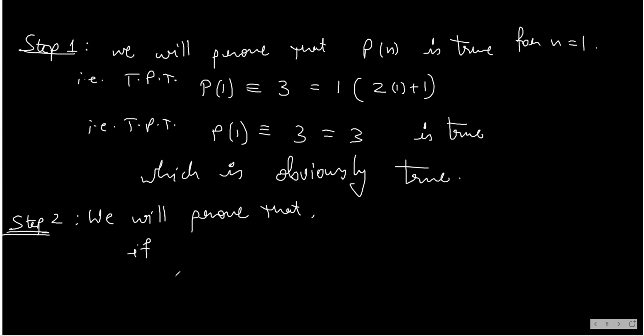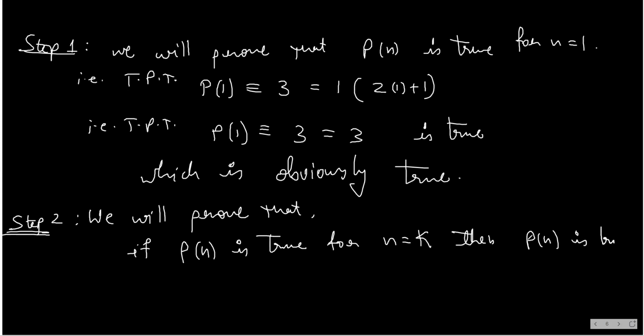In step 2, we start with: if P of n is true for n equals to k, then P of n is true for n equals to k plus 1.